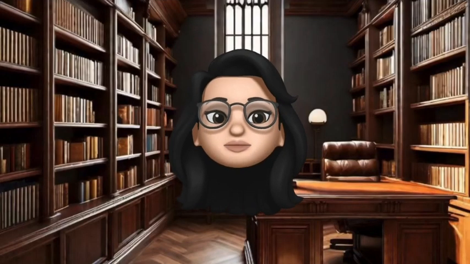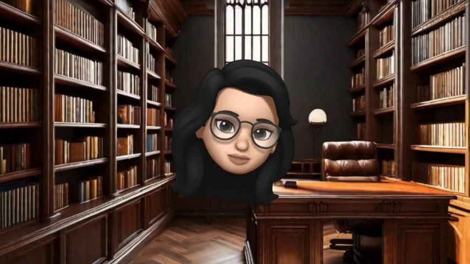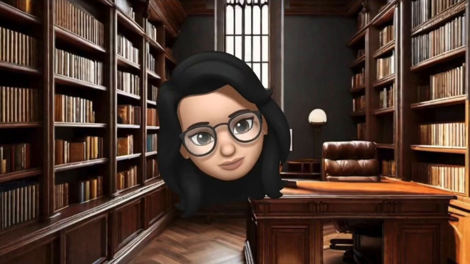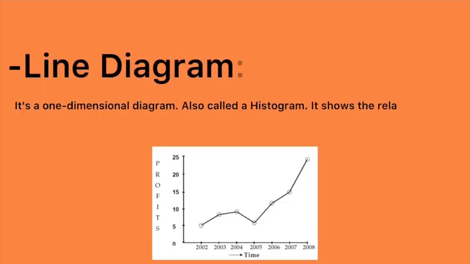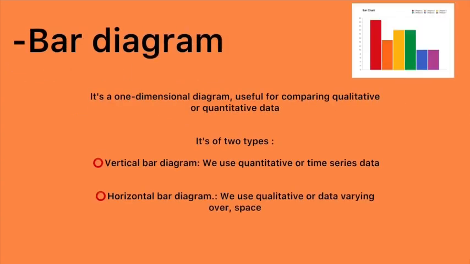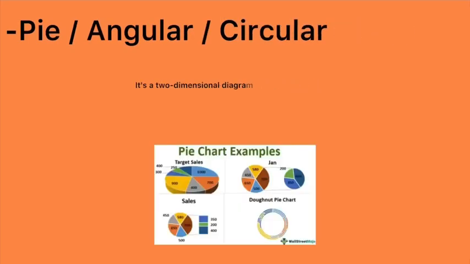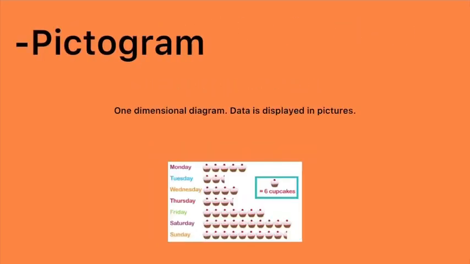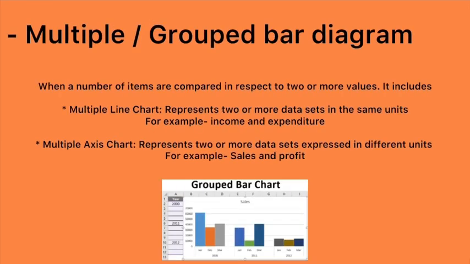After the classification of data, we need to figure out the best way to present the data we've learned. The following are the modes of data presentation: a line diagram, a bar diagram, a pie chart or an angular or circular chart, a pictogram, a multiple or a grouped bar diagram.